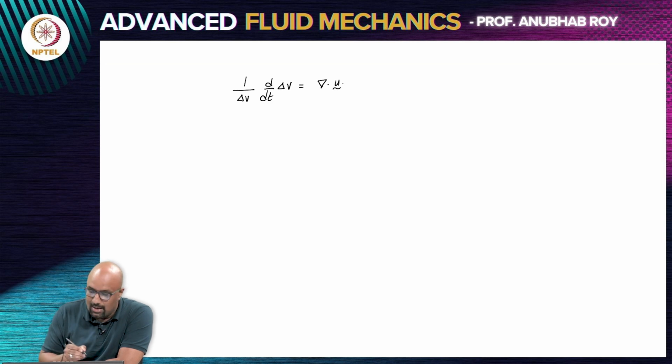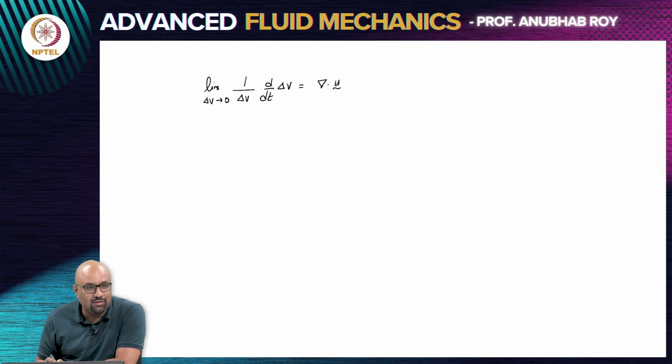Okay. This strictly is, as I keep emphasizing, in the limit of the volume element becoming infinitesimal. All these ideas are in the context of you having an infinitesimal volume element. So when you have an infinitesimal volume element, the rate of change of that volume element is related to the divergence.